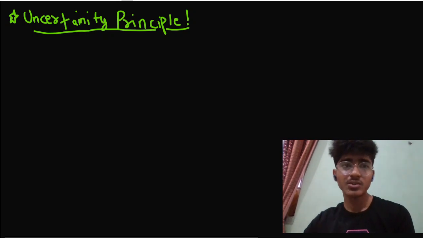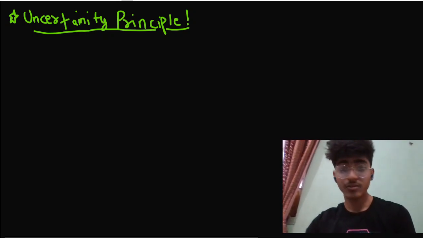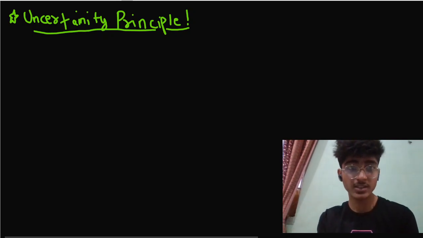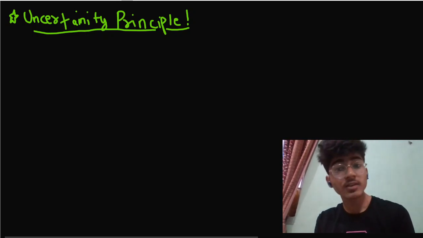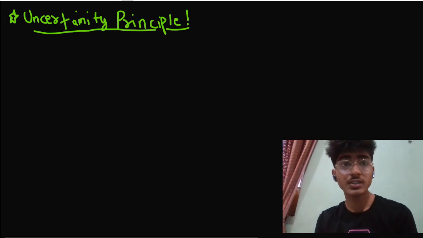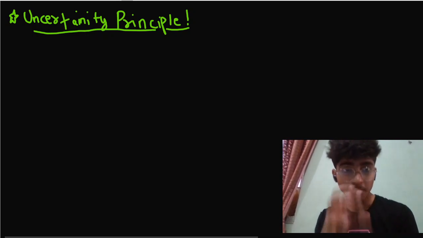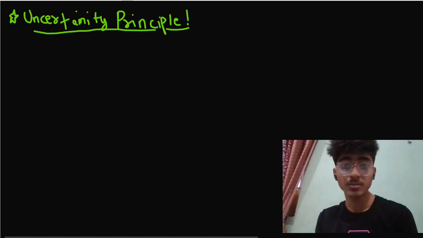So for now, we are going to derive it with the help of these mathematical tools, especially the topic of vector spaces, namely the Schwarz inequality. When you take the inner product between two vectors in a vector space, an inequality arises, known as the Schwarz inequality, and that inequality is our main tool in deriving the uncertainty principle.